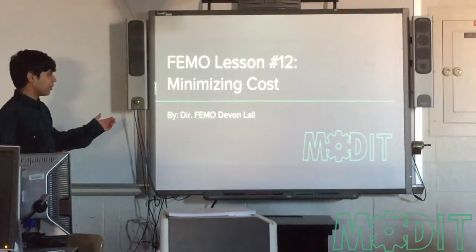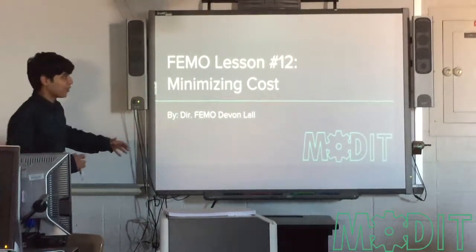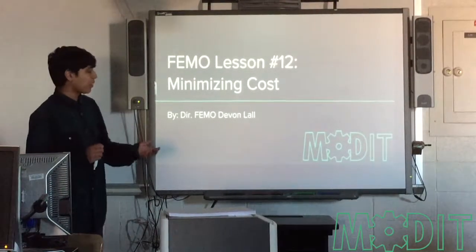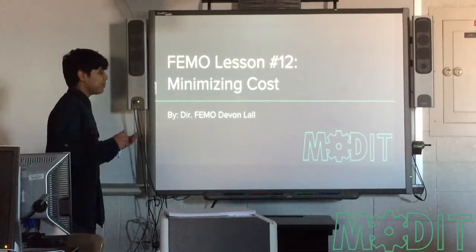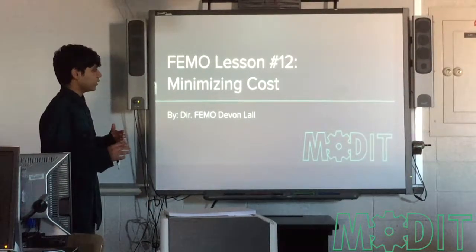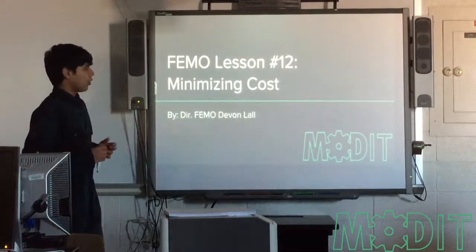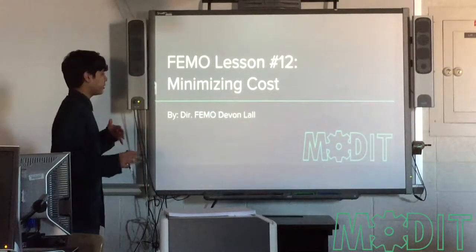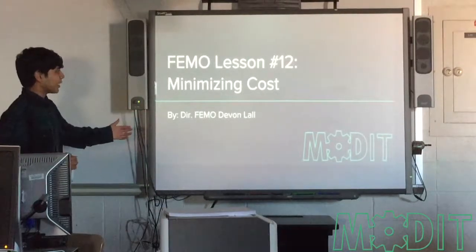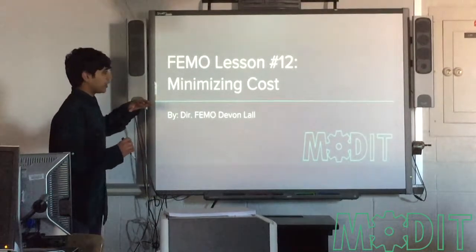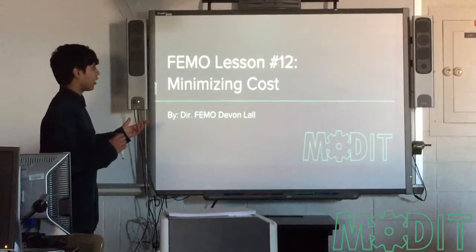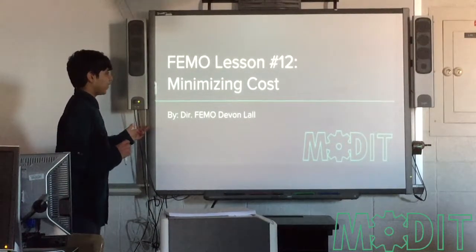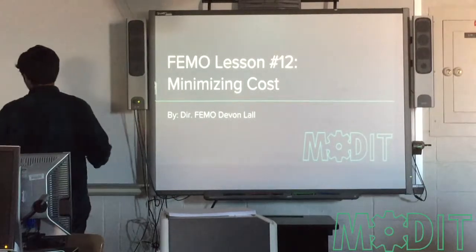You don't necessarily want to minimize costs completely to zero because there's always going to be a cost, whether it's buying the products needed to make the actual product, the materials to make the product, or the workers to actually produce the product that you want. There's always going to be a cost. But when I mean minimizing cost, it is making sure that you're being efficient with your costs, with the money you spend.